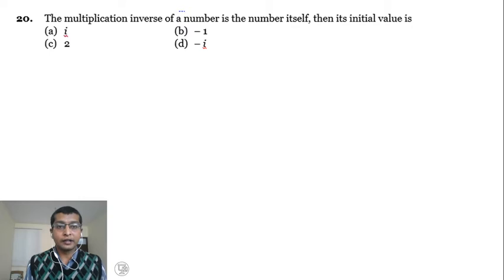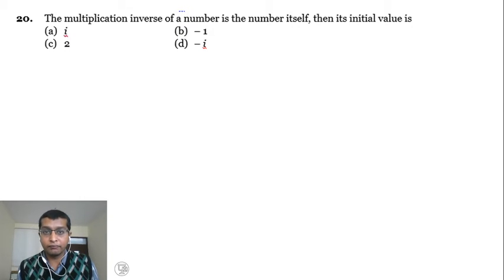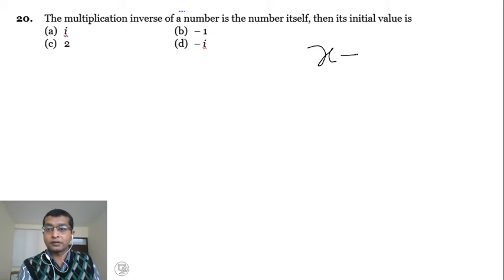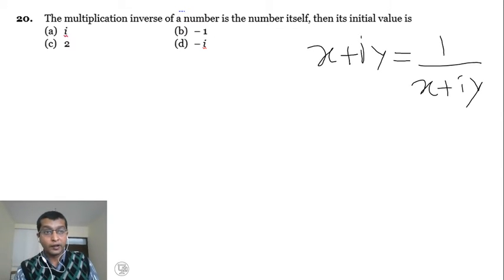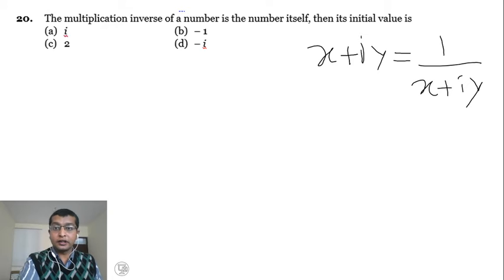Next, the multiplicative inverse of a number is the number itself, then its initial value is. So multiplicative inverse means if we have x plus iy, its multiplicative inverse is given by 1 divided by x plus iy.